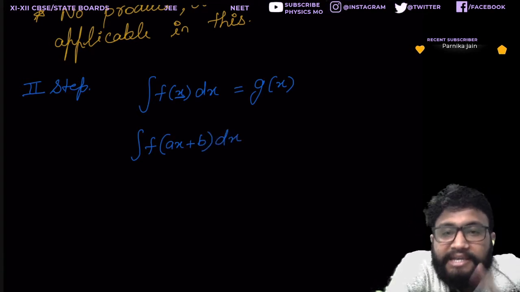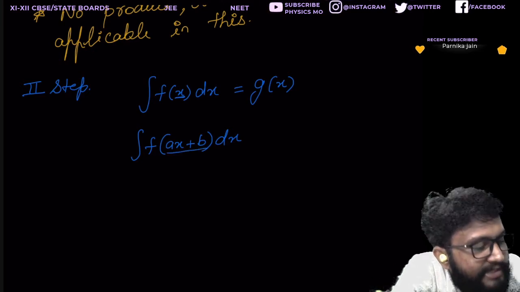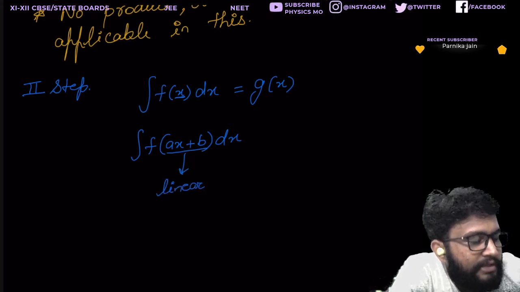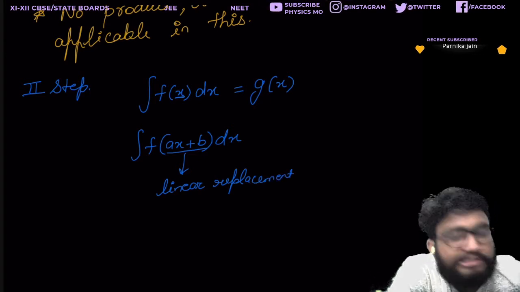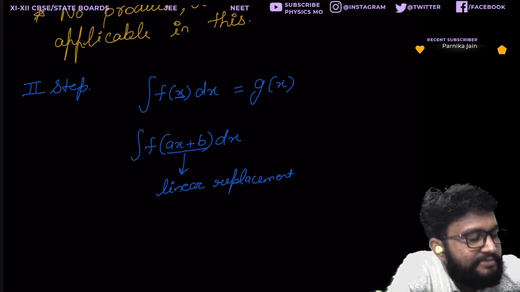That means in place of x, अगर आपने कुछ लीनियर रिप्लेसमेंट किया, दिस इज कॉल्ड एज लीनियर रिप्लेसमेंट. लीनियर रिप्लेसमेंट बिकॉज जो x का पावर है यू कैन सी वो अभी भी 1 ही है. तो अगर आपने ऐसा कुछ लीनियर रिप्लेसमेंट किया तो द इंटीग्रेशन विल रिमेन सेम.